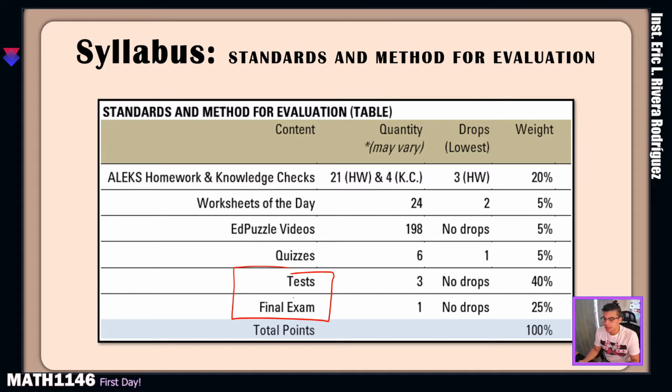These categories here, tests, final exam, and also knowledge check, are going to be proctored. Okay, so we have 3 types of assessments in the class that are going to be proctored. The other assessments are not going to be proctored.